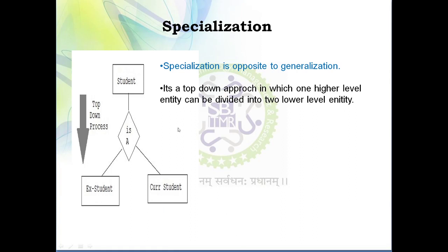So how are we going to read this particular diagram? Student is an ex student or student is a current student. So in this way the specialization concept is represented by this ER diagram in top down fashion. So generalization is a bottom up approach, whereas specialization is a top down approach, and both these approaches are exactly opposite of each other.